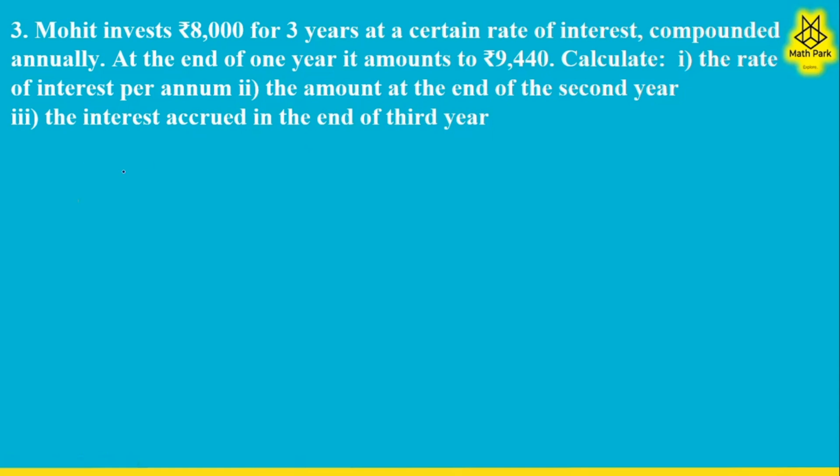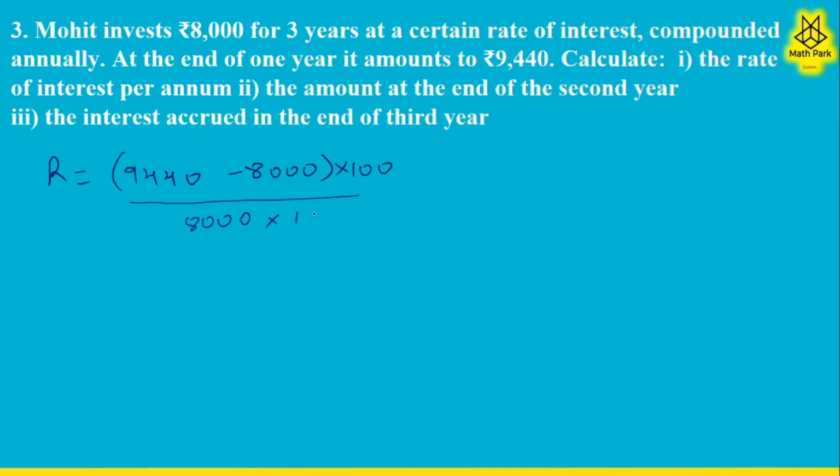So this is again easy. Finding the rate when it is given for consecutive years, it is the difference between the two consecutive amounts, which is 9,440 minus the original 8,000, times 100 upon the original amount, for 1 year.